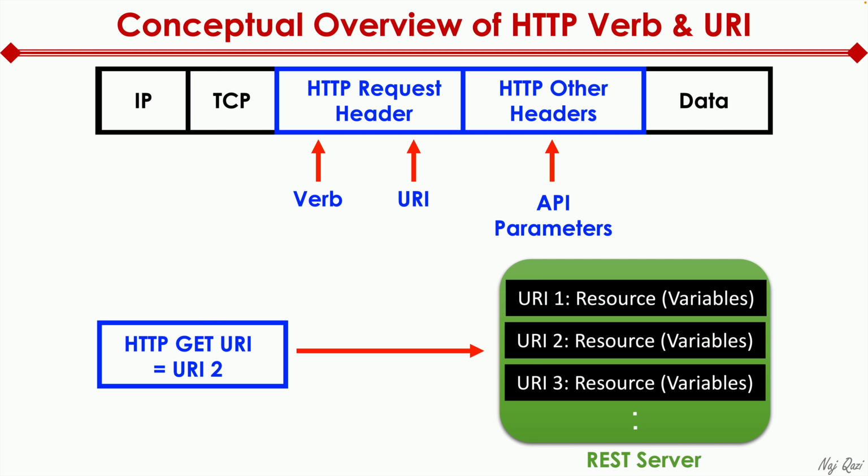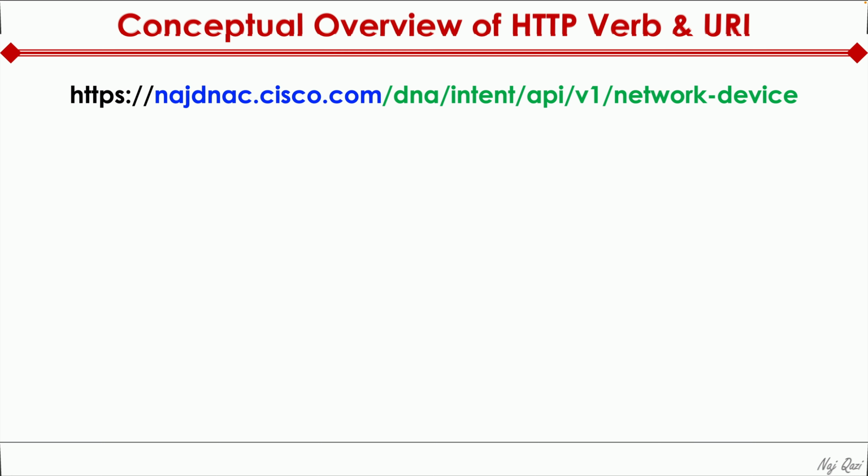In this request, I'm very specifically asking for URI 2, which in this instance could be, hey, I want to go ahead and get a read on all the live interfaces on this router. And with this request, that's exactly what I'm going to get back from the HTTP REST server, which, like I said, could very well be the SDN controller.